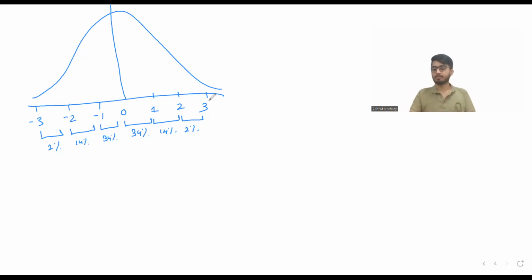If you clearly take a look, mean is 0. What is my variance or standard deviation? 1. So the points 3 and minus 3 correspond to what? 3 standard deviations away from the mean. So the probability that a normal random variable takes a value which is 3 standard deviations away from the mean is extremely less.